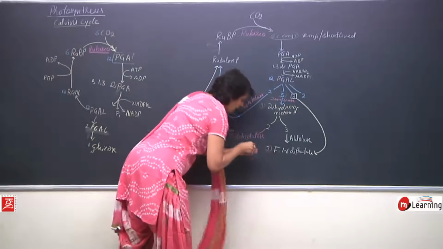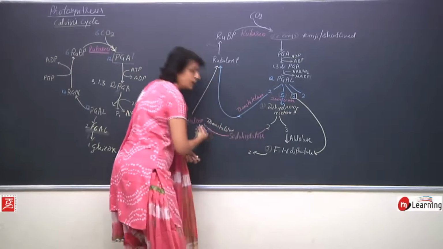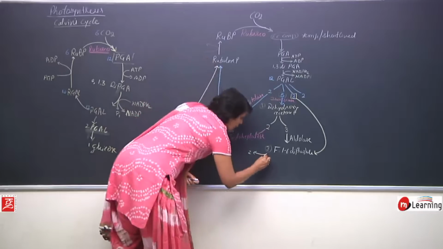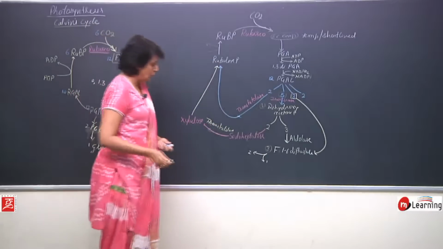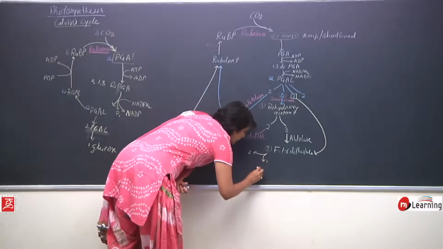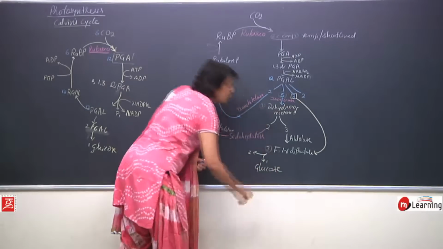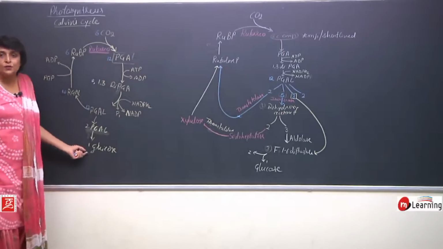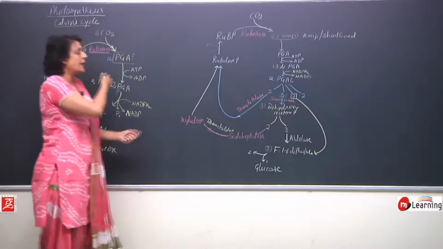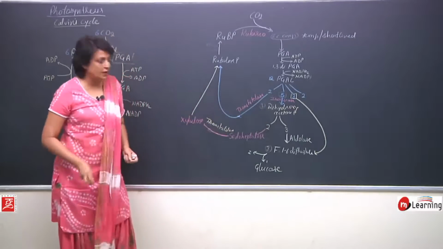Out of this, again there is a separation. 2 molecules follow a different pathway, and 1 goes to form glucose. So when we say this phosphoglyceraldehyde separates to form glucose, it is not happening in one step. There are multiple intermediate steps which are taking place.